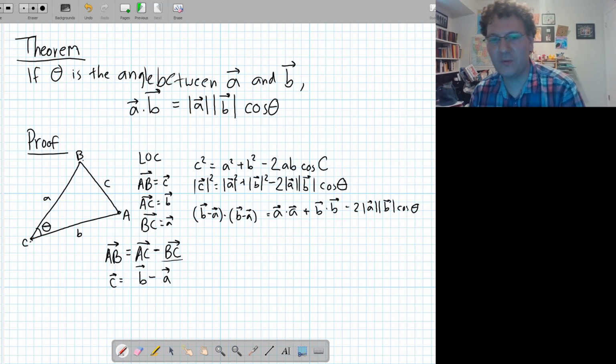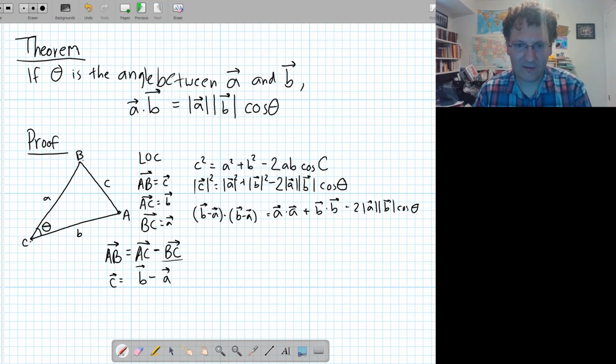Now I'm going to distribute the left-hand side, and we'll see what this comes out to be. So on the left-hand side, first I'm going to distribute this to the two vectors.